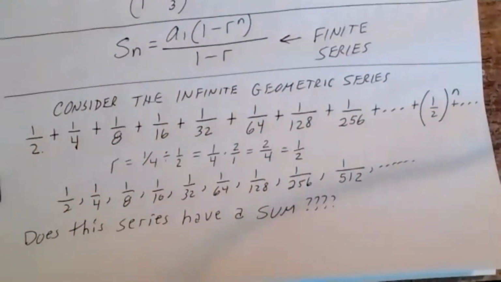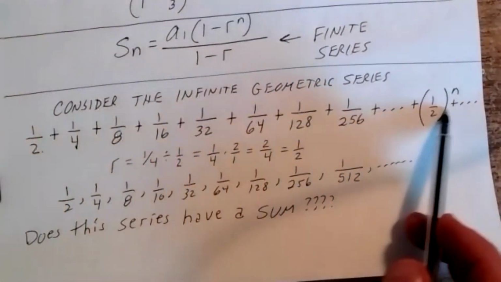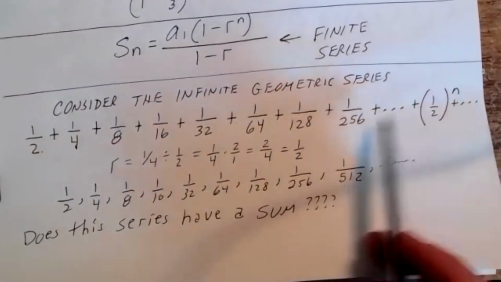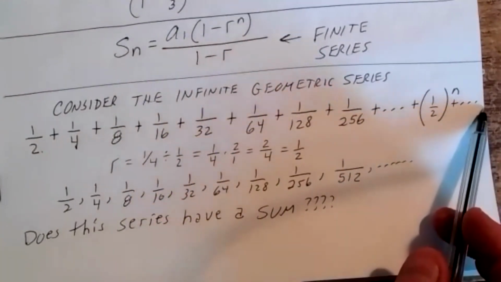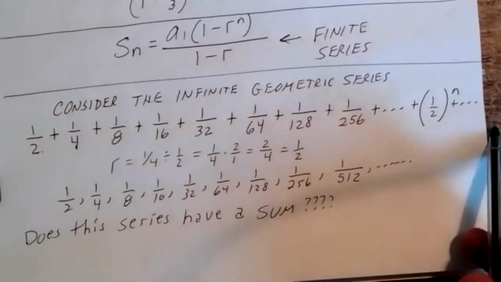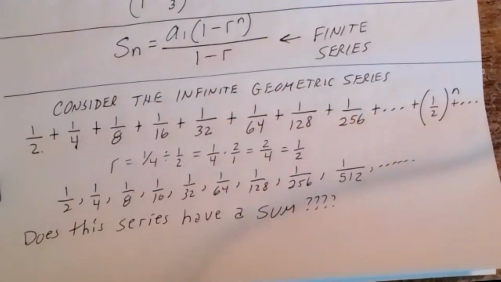Does it have a sum? If you add all these fractions up, remember there's an infinite number of them. It goes on forever. The fractions are getting smaller and smaller, but you're adding an infinite number of them together. Do you think that this infinite geometric series has a sum? Does a sum exist? I want to draw your attention to a very interesting picture in your textbook.